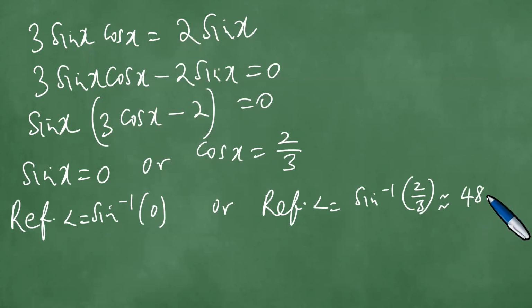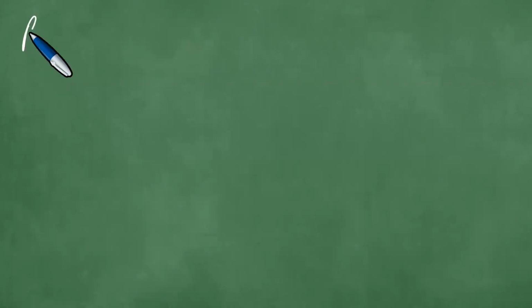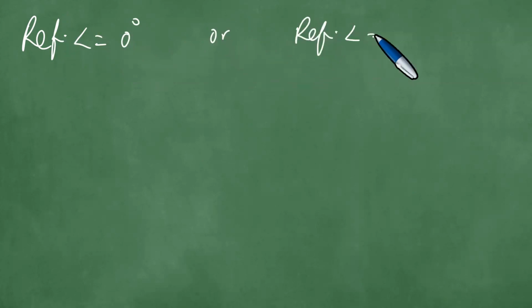So this is like 48.19 degrees using a calculator. And here the reference angle is arc sine 0, and that would be 0. Right. So we have the reference angle, 0 degrees. Okay, good.